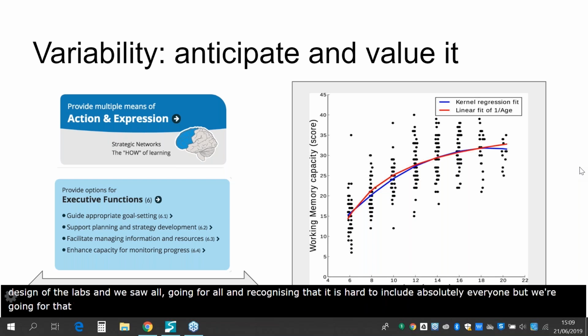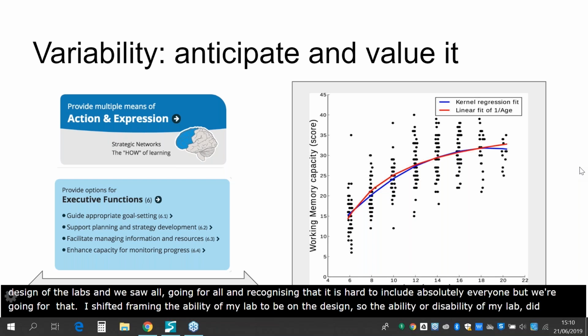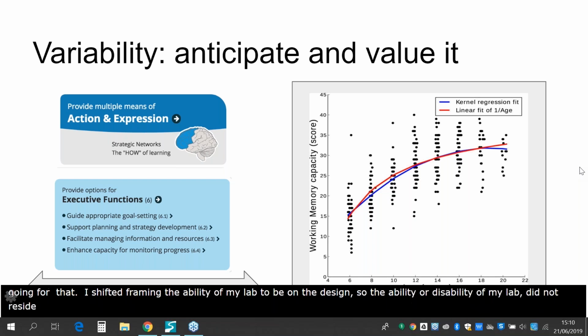So I shifted framing the ability of my lab to be on the design. So the ability or disability of my lab did not reside in my students, but it resided in my design. So I started to think about how I could scaffold my lab experiences for this whole range of executive function skills.